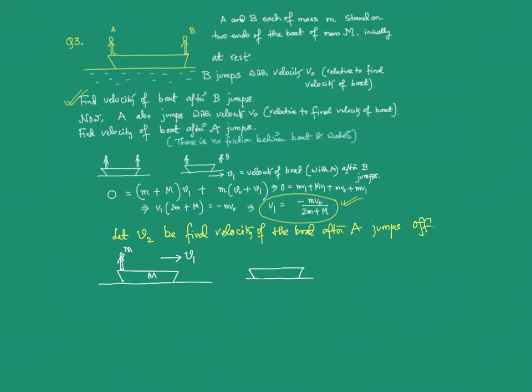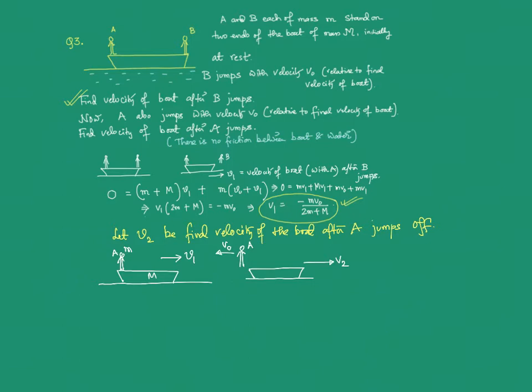Now A jumps with a velocity v naught towards the left, relative velocity, and v2 is the final velocity of the boat.